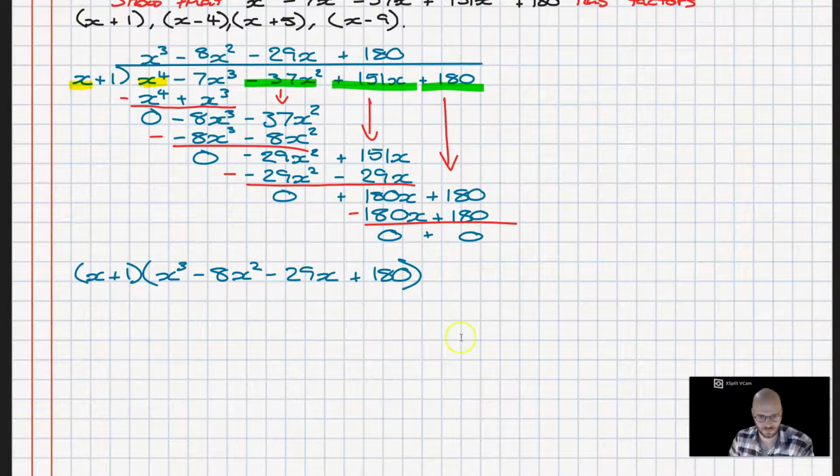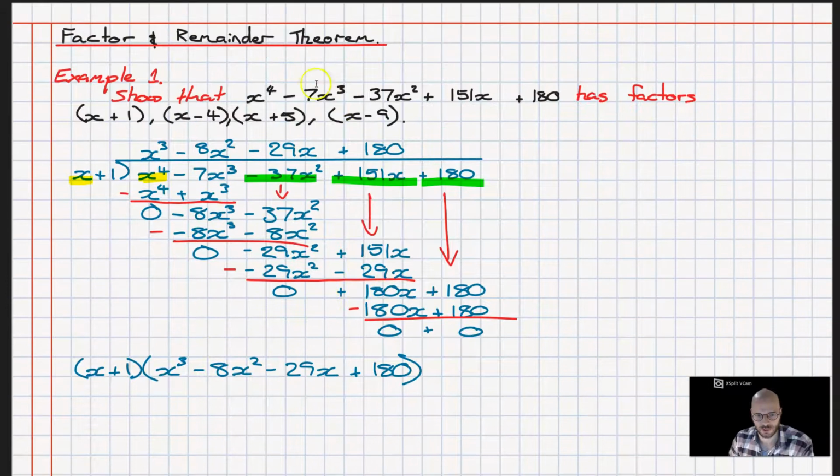So this expression here is equivalent to this expression here, but this one's more factorized. Let's have another go, and we'll do it with x minus 4 now.